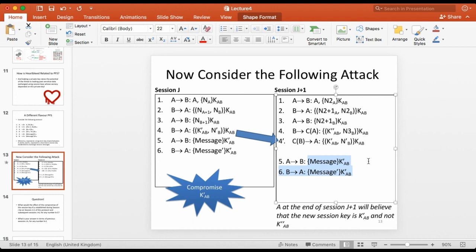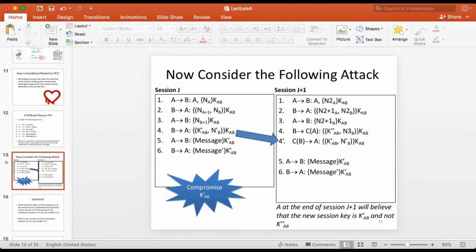So what this demonstrates is that in a protocol like this one, where you are agreeing a new longer term key using an existing older key, if you did compromise this key at any stage, that will have a knock-on effect on future communications.